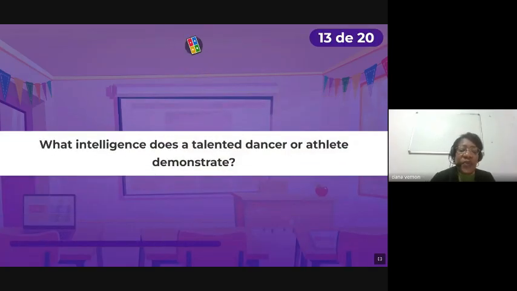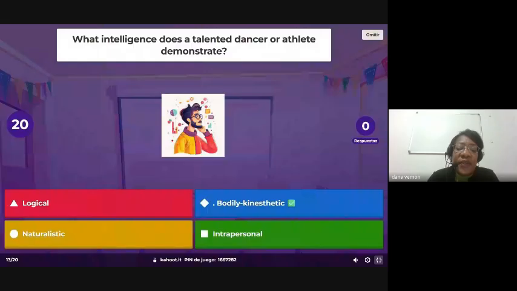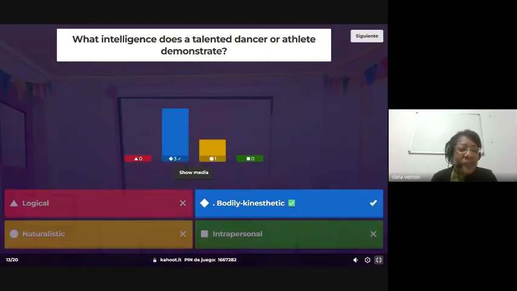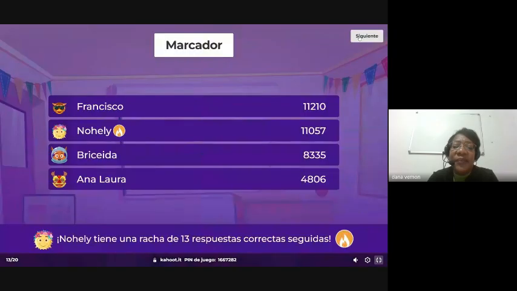Which intelligence does a talented dancer or athlete demonstrate? Kinesthetic. Okay, good.